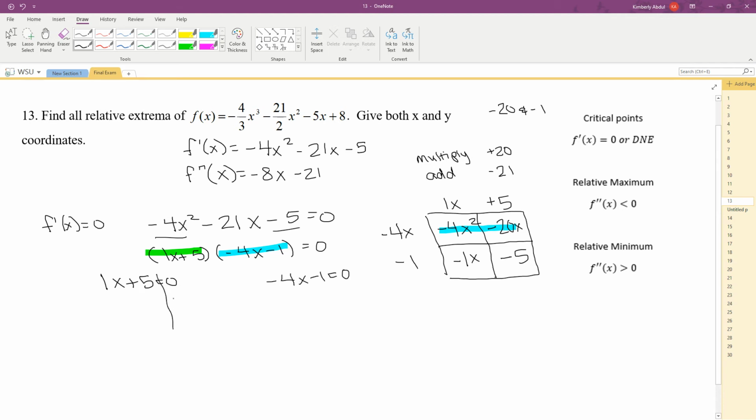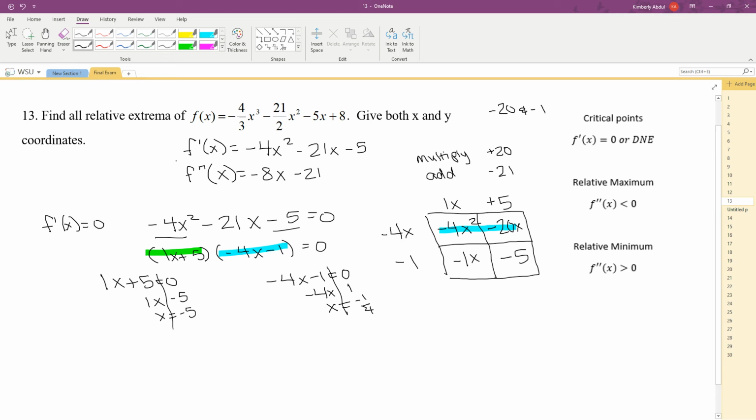Okay, here if I subtract 5 from both sides, I'd get 1x is equal to negative 5. So that gives me x is negative 5. Here, if I add 1 to both sides, I would get negative 4x equals 1. And then if I divide by negative 4, I would get x is equal to negative 1/4. So we're going to have some type of critical point, maybe a maximum or a minimum, at these values.